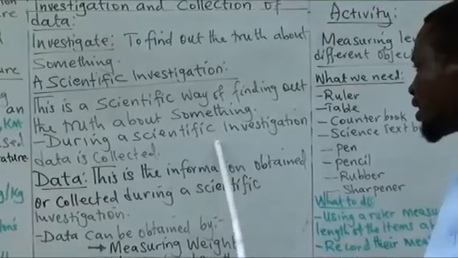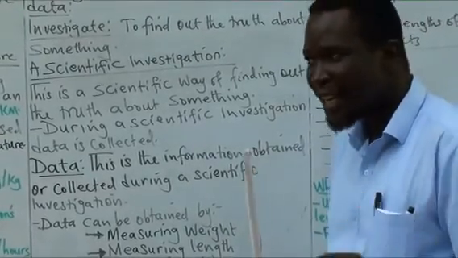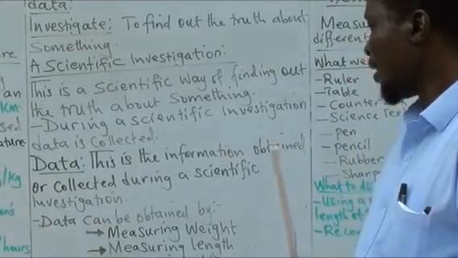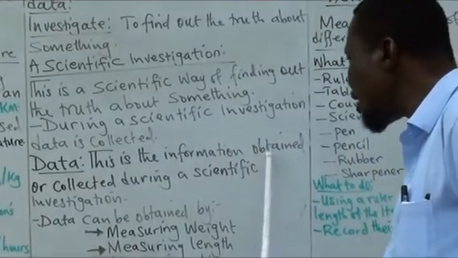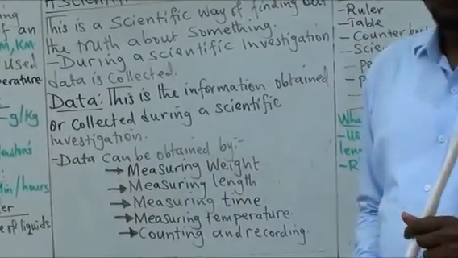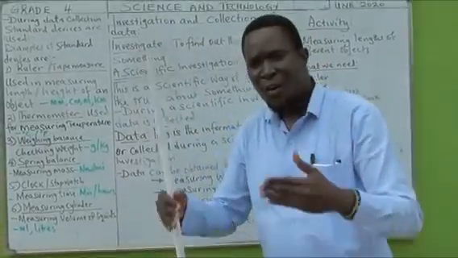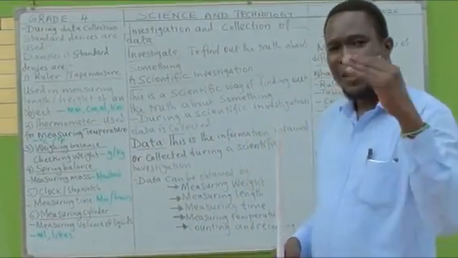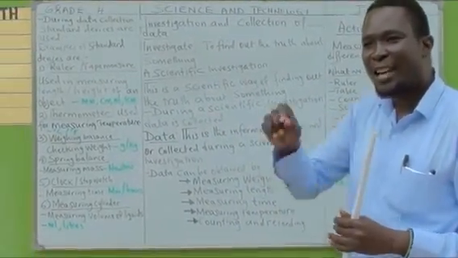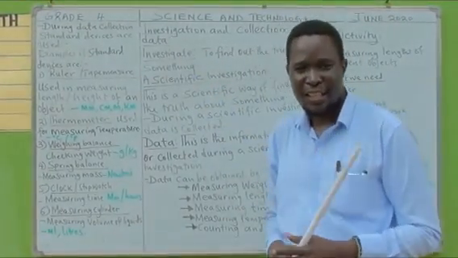And during the scientific investigation, data is collected. Data is the information obtained or collected during a scientific investigation. If you are finding the temperature of different people, you will have a chart where you write the names of people and their temperature in degrees centigrade.